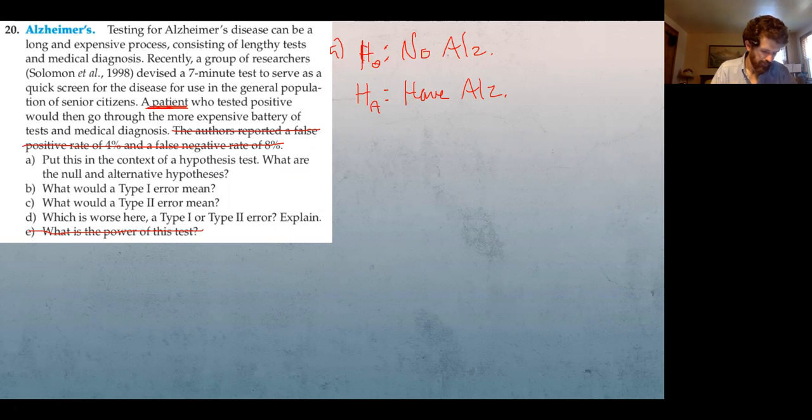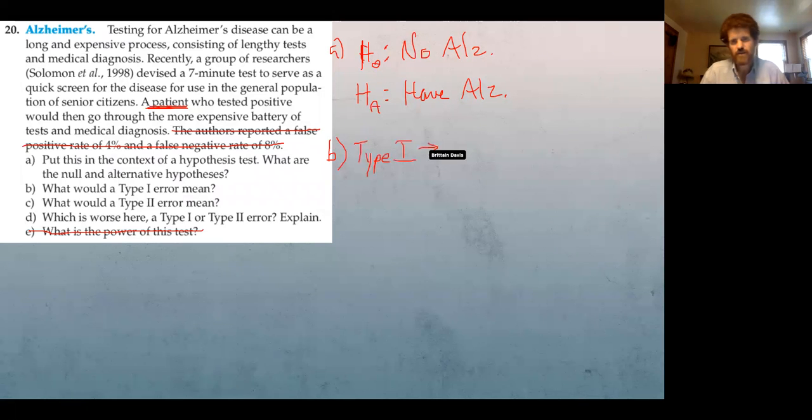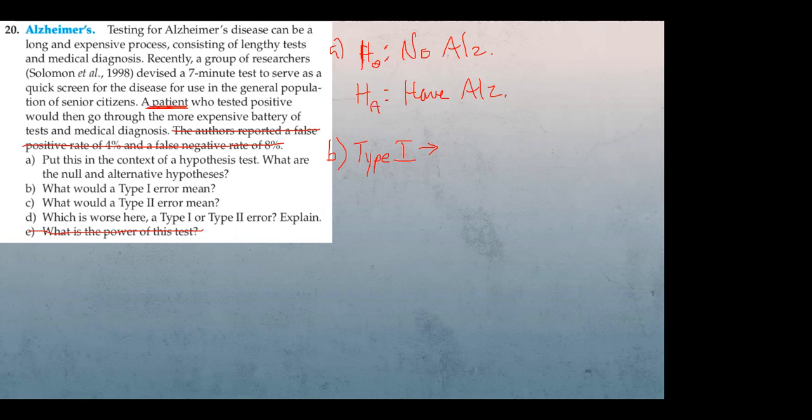So type 1. What would that be in this scenario? A type 1 error. Saying they have Alzheimer's, but they don't have it. Okay.